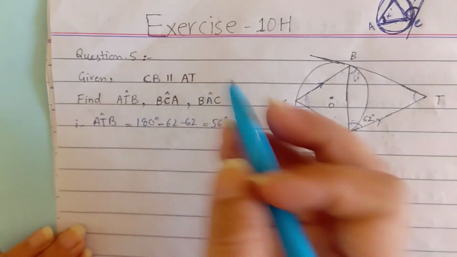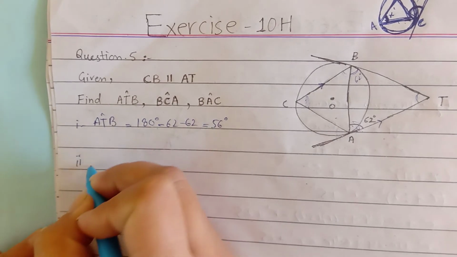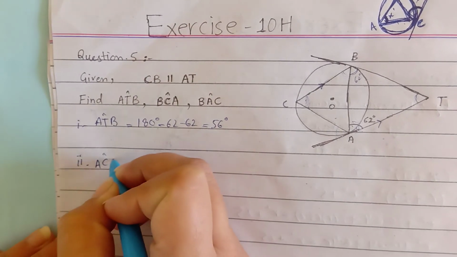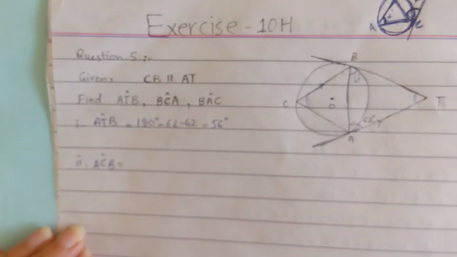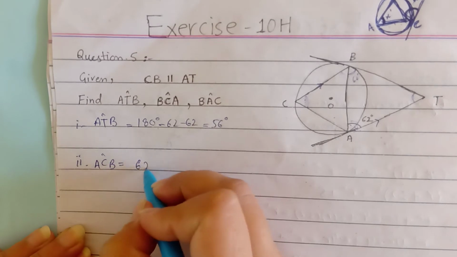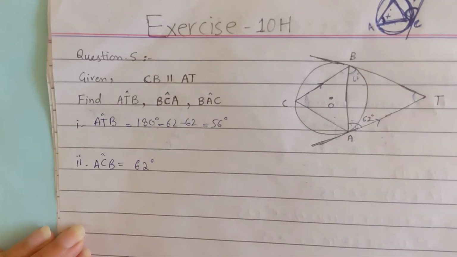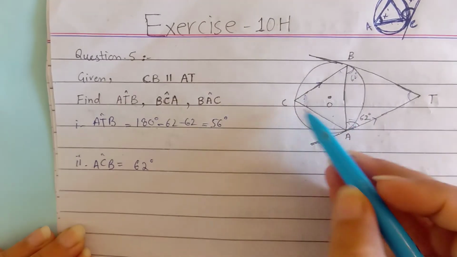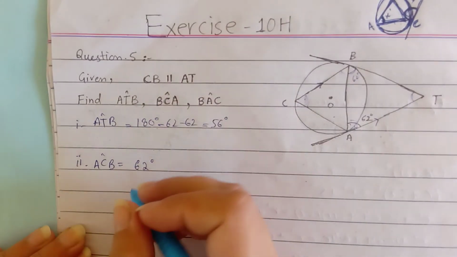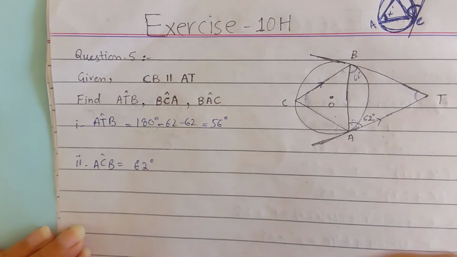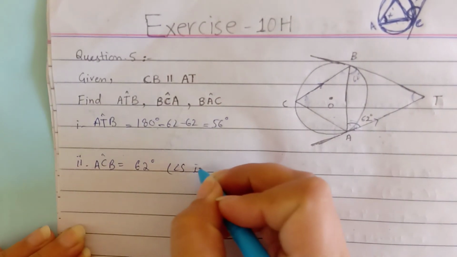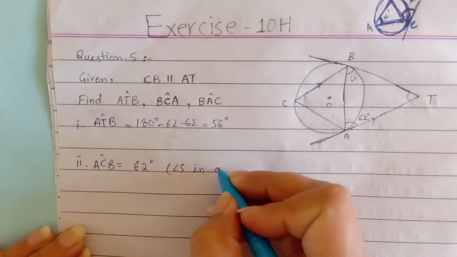So using this property I can write that the angle ACB is equal to 62 degrees, right? Because the angles in alternate segments are equal. And I'm going to write this reason here: angles in alternate segment are equal.